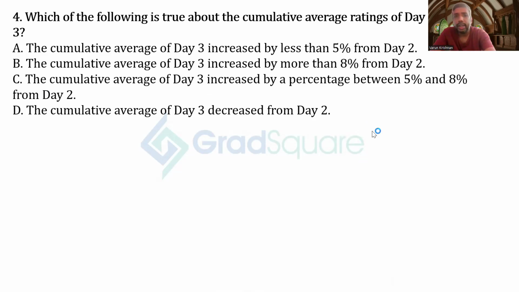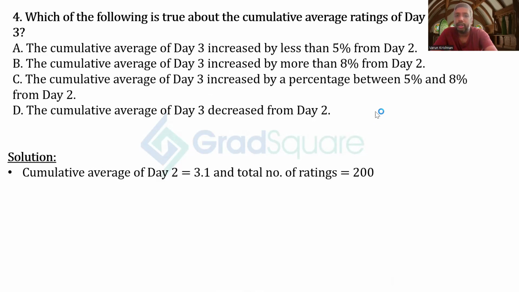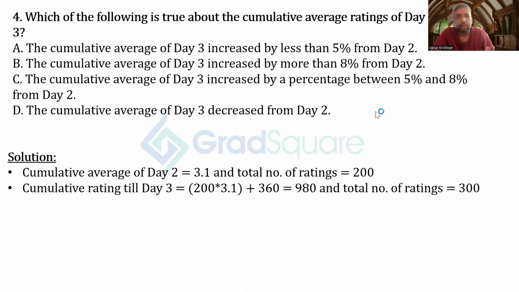On day 3, we can calculate the total using the table that we had just made. So that's what I've written here. 200 into 3.1 is the sum of all the ratings till day 2, and 360, as we had calculated in the question before, is the total of all the ratings on day 3.